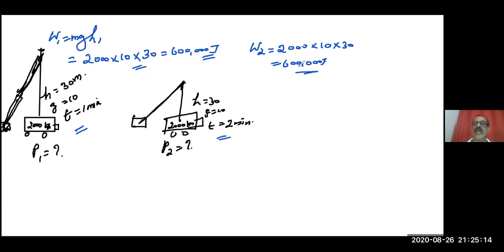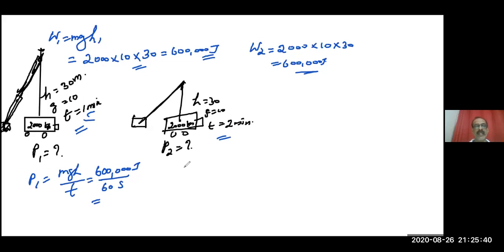Here, work done by both the cranes is the same, therefore fuel consumption is also the same. But power is different. Power is equal to mgh by time. mgh is 600,000 divided by time, 1 minute, which means 60 seconds.